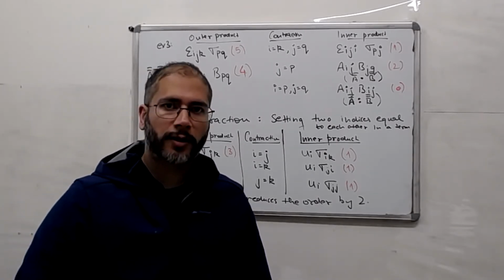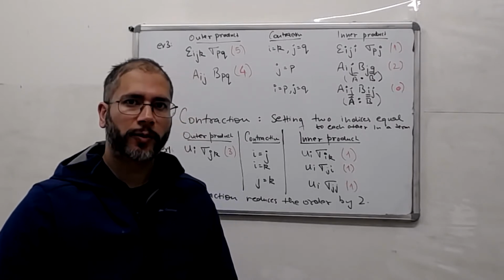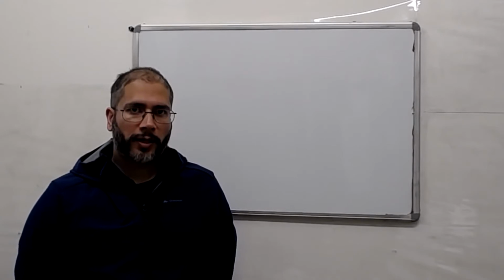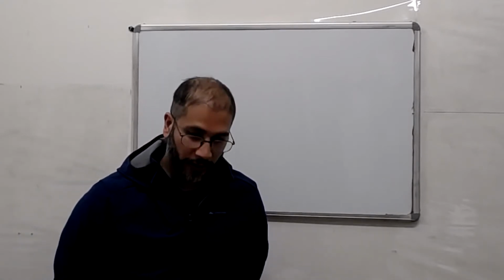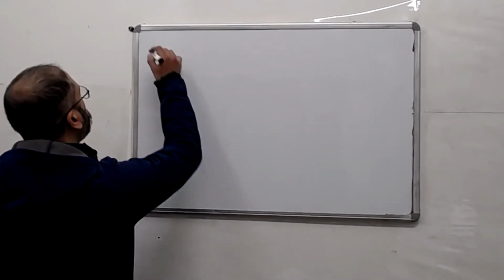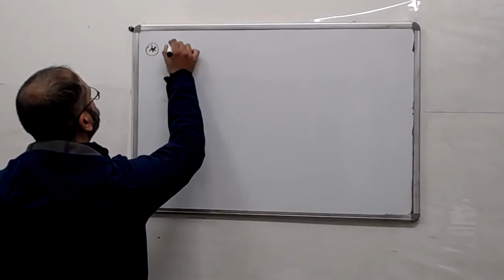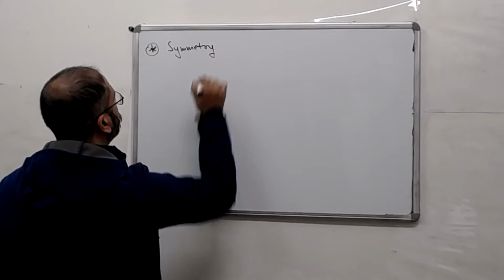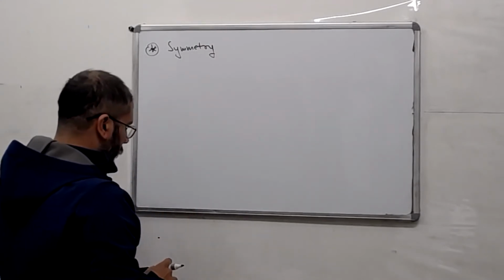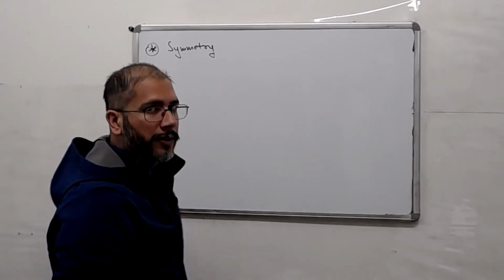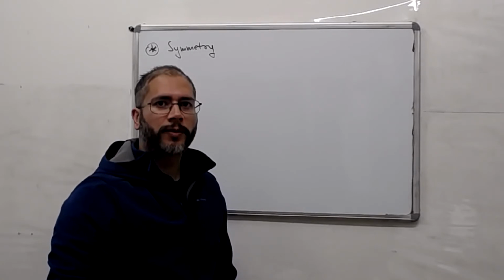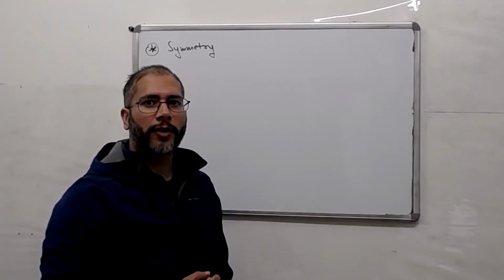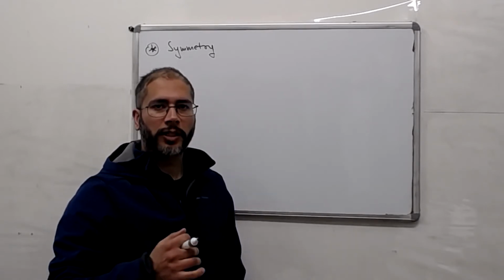So let's talk about a couple of more ideas before we start solving problems. The next important idea we'll talk about today is symmetry. Now we have talked about symmetry of matrices, which are objects used to denote second order tensors, standard 3 by 3 matrices.